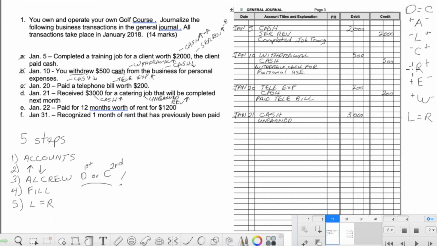Everyone tends to make it fall under revenue, and I get it. But it's just one of those things you've got to stick in your head, saying, well, we haven't done the job yet, so technically we don't have the money. We haven't earned it yet, right? So we can't put it down. And it's $3,000. And it's on the credit side because liability is on the right-hand side, the credit side.